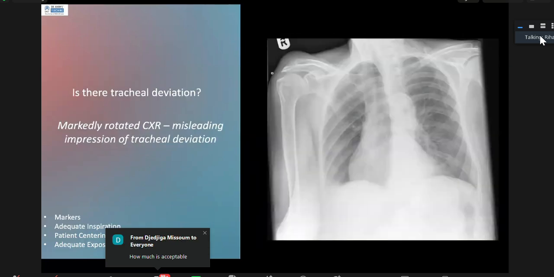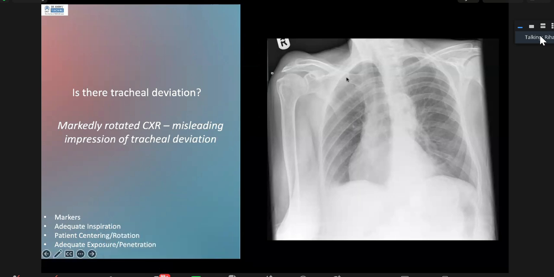And then in this next image, the question was, is there any tracheal deviation? It's important when we're assessing tracheal deviation that we make sure there isn't any rotation on the image, because this affects our ability to interpret the image correctly. As we can see over here, this chest X-ray is markedly rotated.